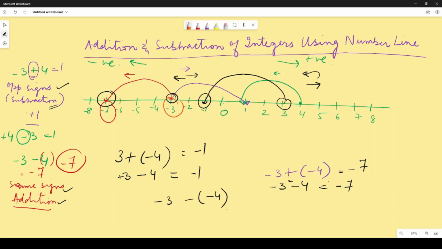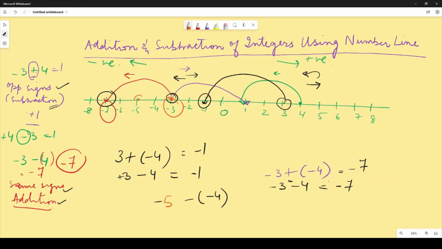This is the point we started, and okay, this is getting too crowded, so let me just change it to minus 5. All right, so minus 5 minus 4. So let us start at minus 5 over here.